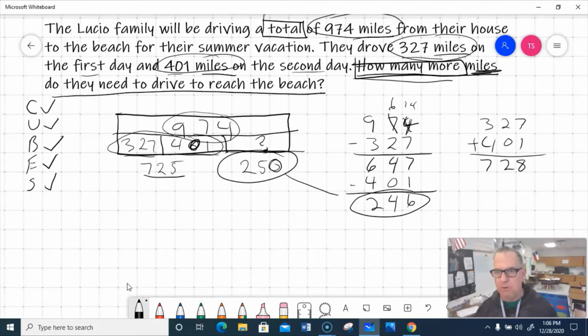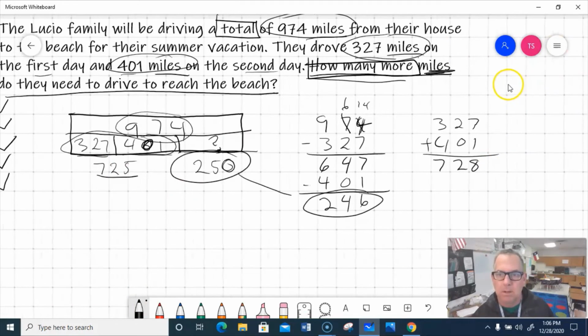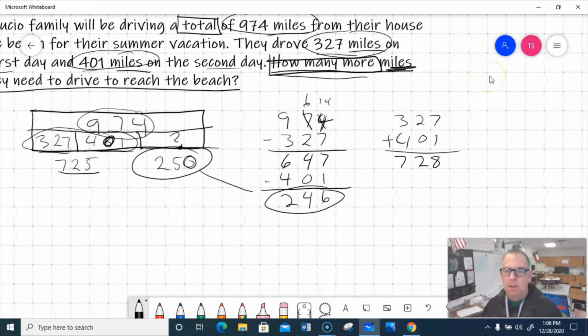And then if I subtract, let's scoot over a little bit here, 974 minus 728, which is how far they drove the first 2 days.